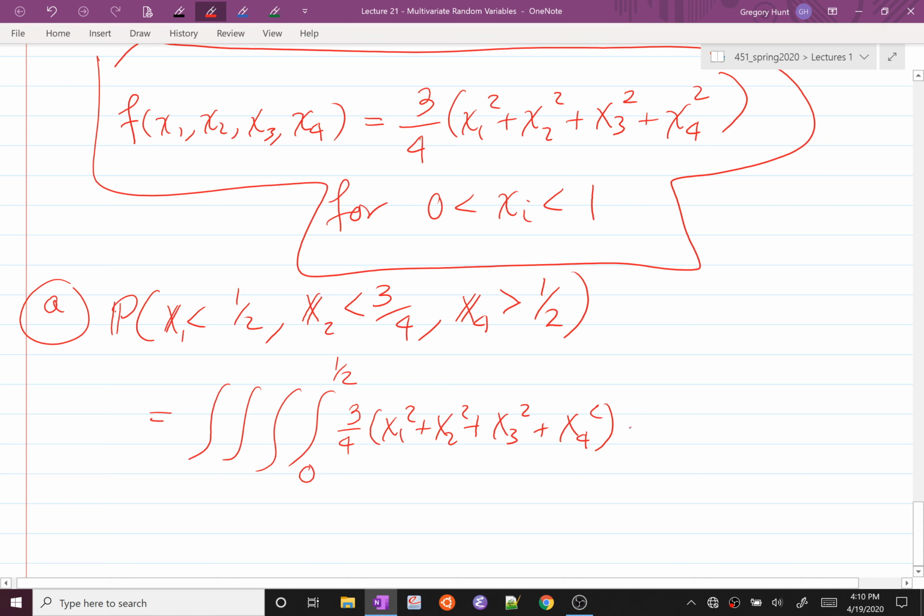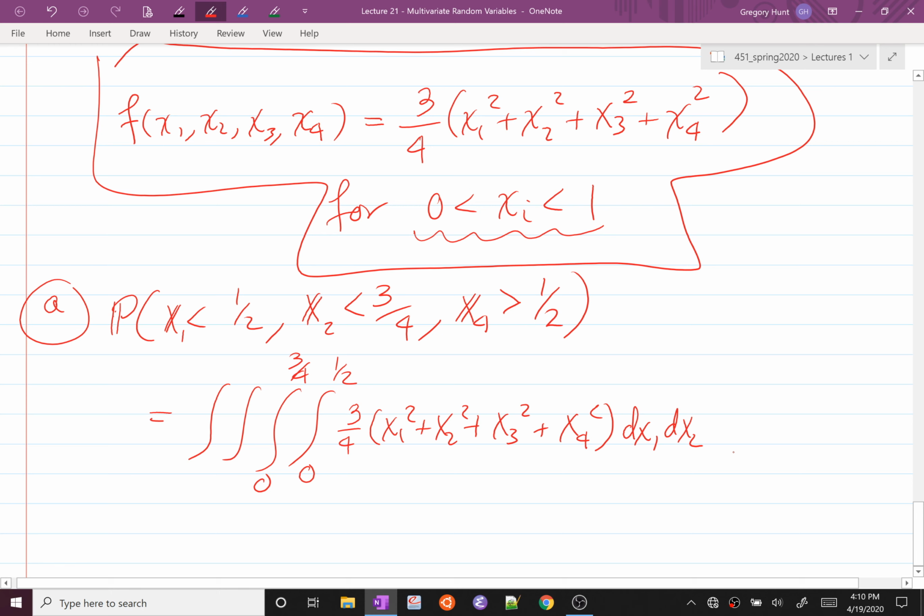And so that is the x1 limits. We want x2 to be less than 3/4, so 0 to 3/4. Why 0? Remember that each of them only has a non-zero density between 0 and 1. So that's dx2.